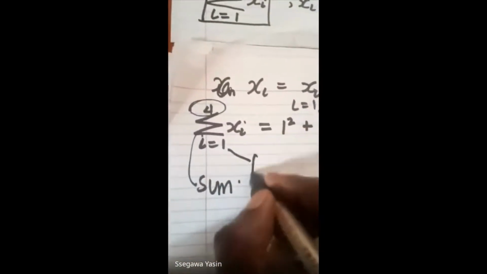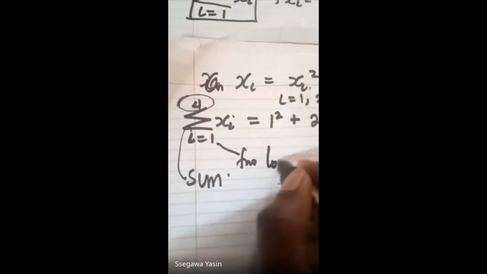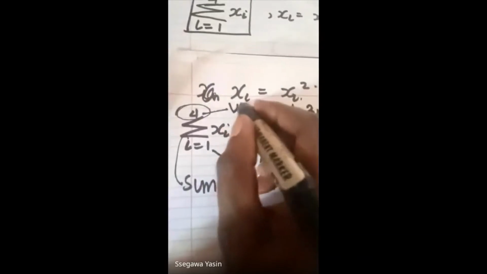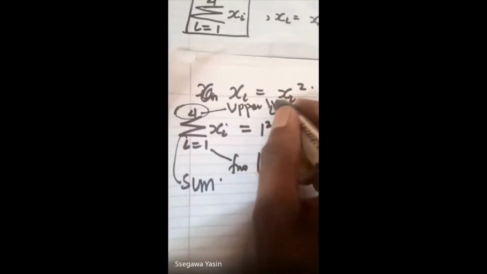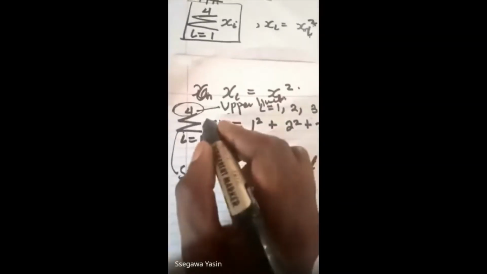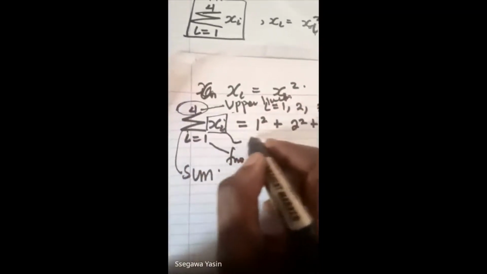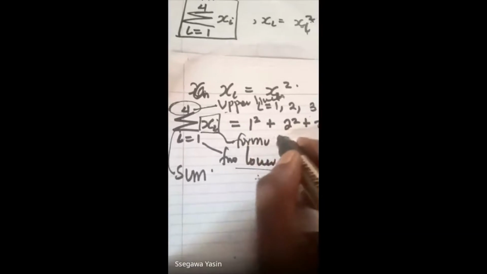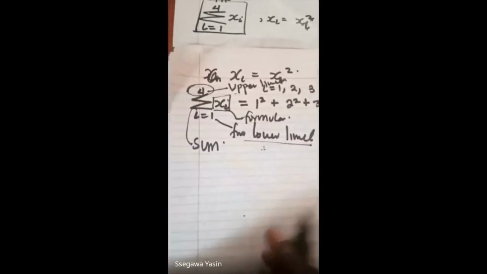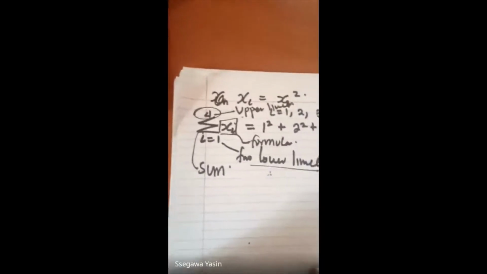This one means from the lower limit. This is the upper limit. This is the lower limit. What sits here is the formula. So that is why we have to interpret and match this expression.